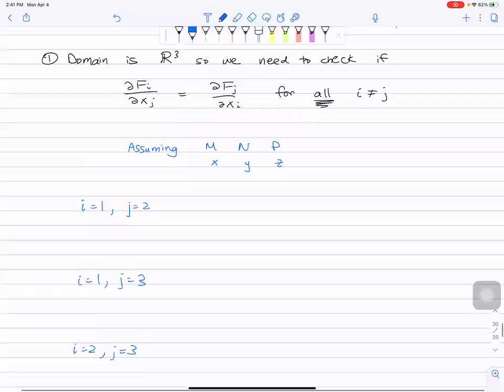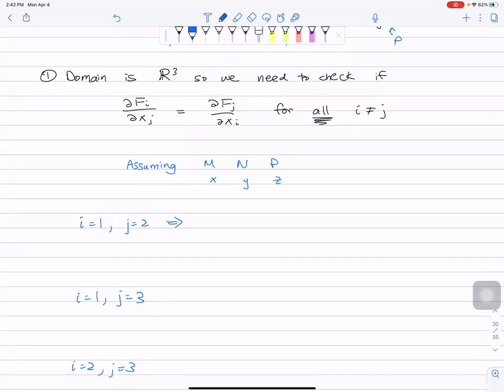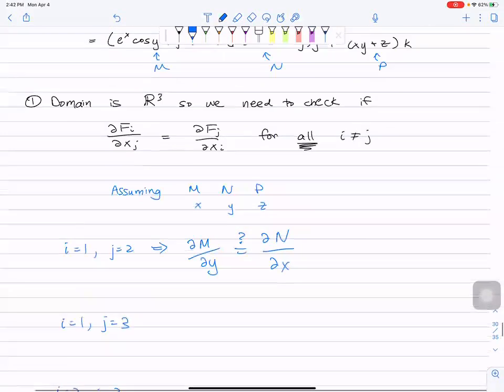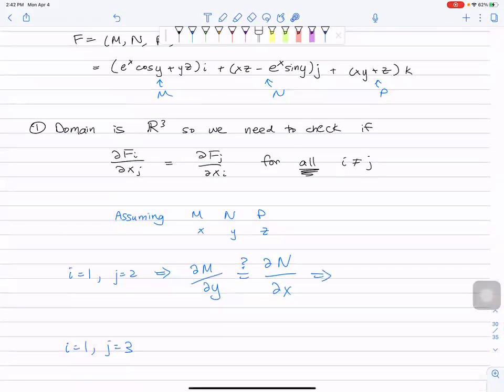So for the first one, what does i equals 1, j equals 2 mean? That means we're doing the partial of the first thing, that's m, over the partial of the second variable among x, y, z, so that's y. Is that equal to the partial of the second value of f, that's n, over the first variable, which is x? So we need to check if this is equal or not. What is m? Well, m is this thing.